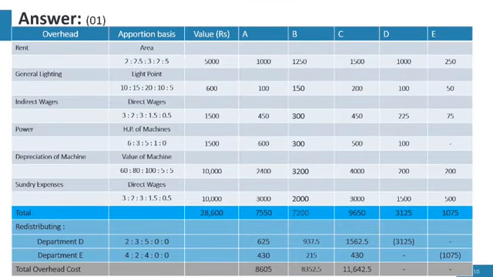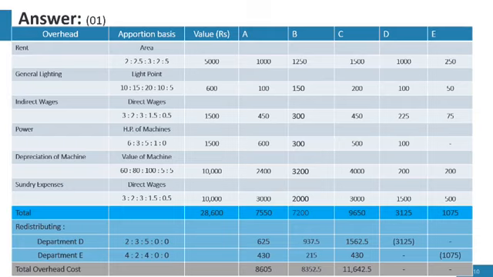We discuss how to calculate overhead cost using an example. To allocate these costs fairly, each overhead item is distributed using an appropriate basis of apportionment. This means each cost is shared depending on a factor that best represents how that cost is consumed by the departments. For example, rent and rates are distributed based on floor area of each department.